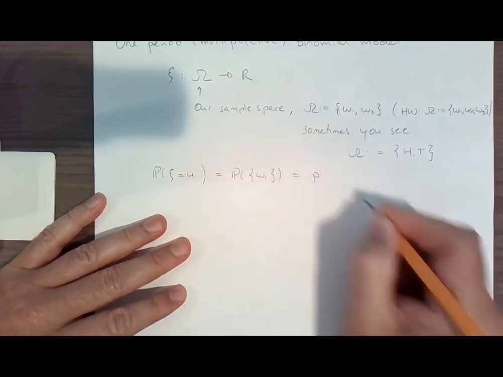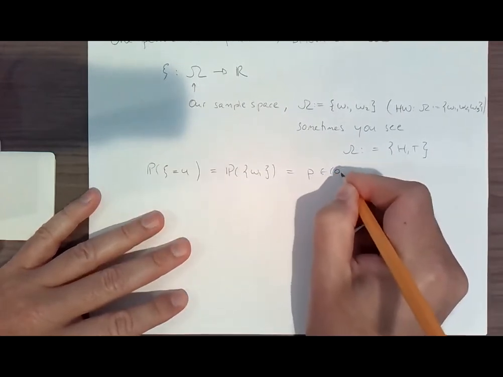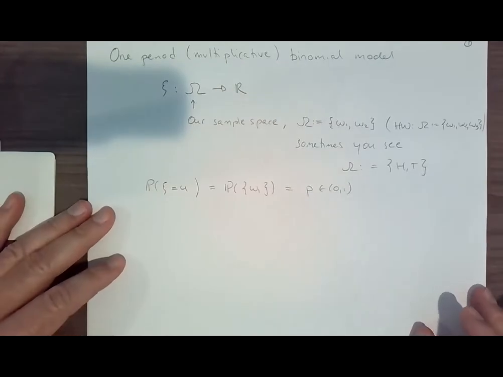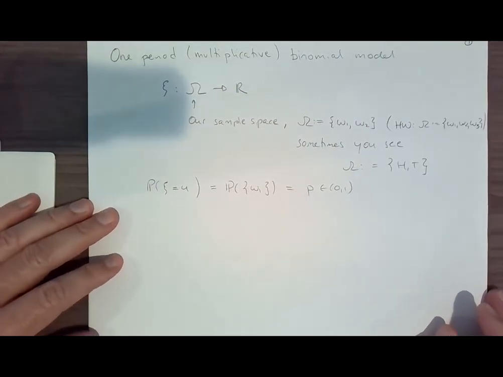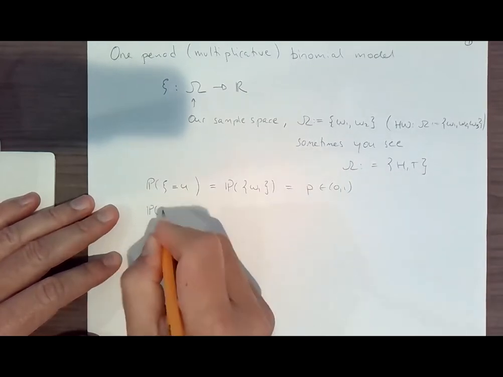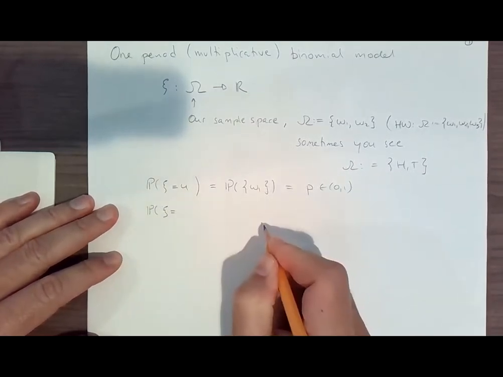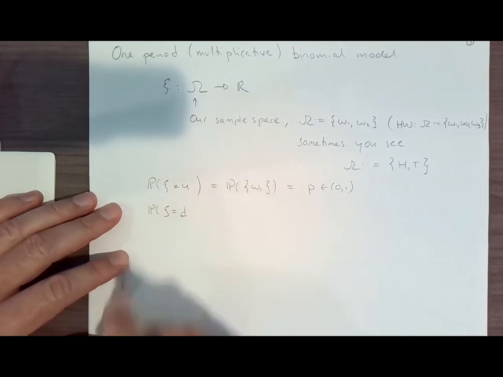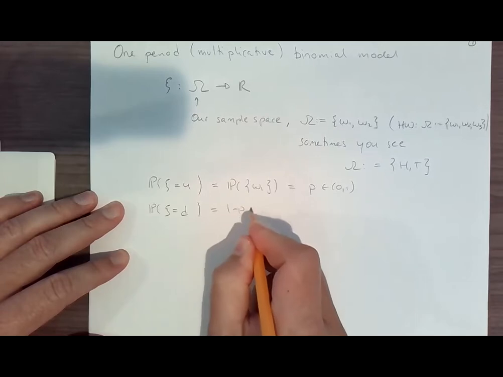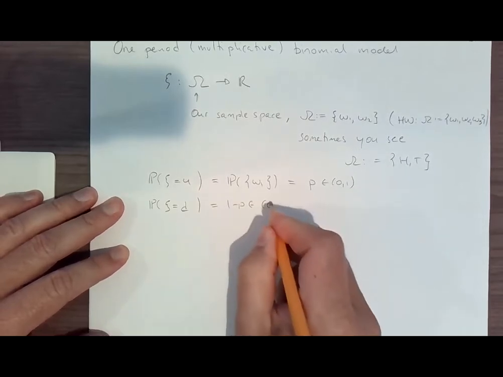This is what we call p, some number between 0 and 1 in a one-period binomial model. Since there are only two possibilities, the probability of psi being d is 1 minus p, which is also a number between 0 and 1.